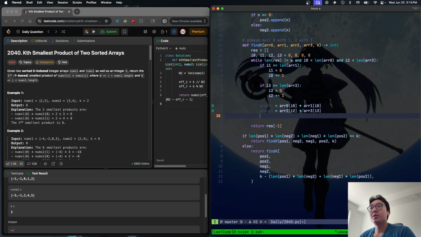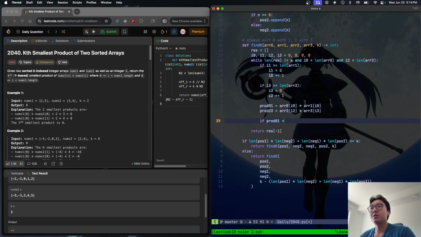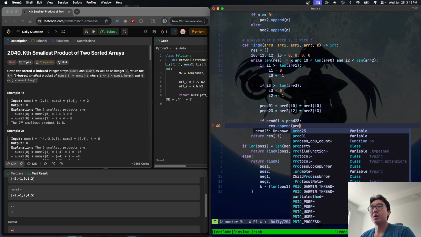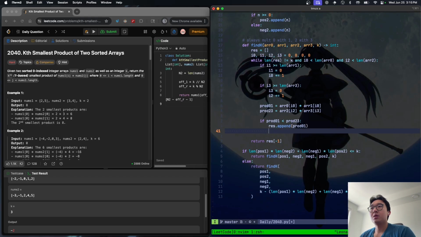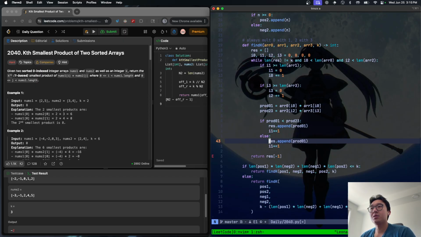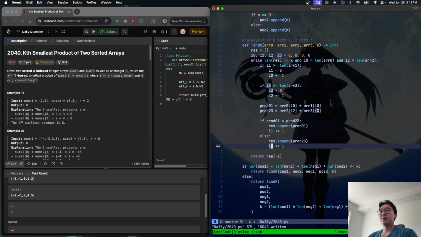And then if prod 1 is smaller than prod 2, 3, then res dot append prod 1, and I1 is increased by 1, else we do the opposite, so I3 plus 1. Yep. Okay, so we get the product, check which one's smaller, and then we have to increment after that.